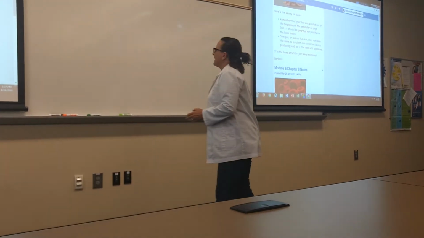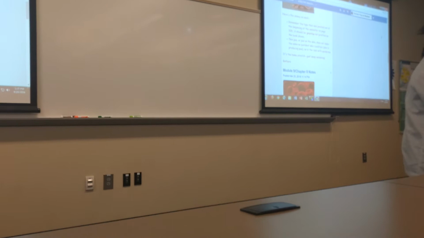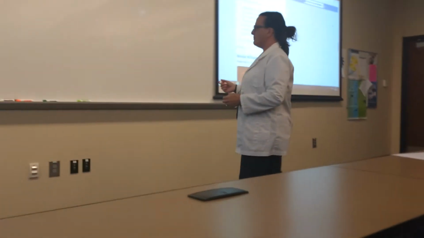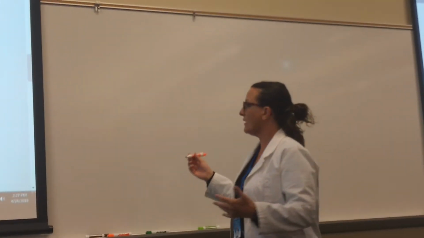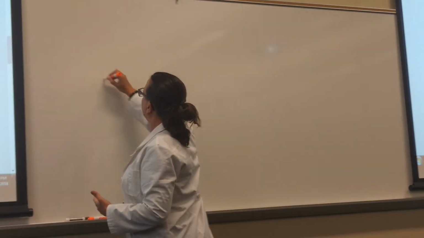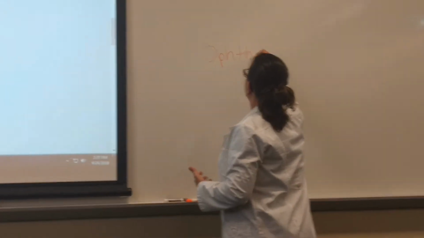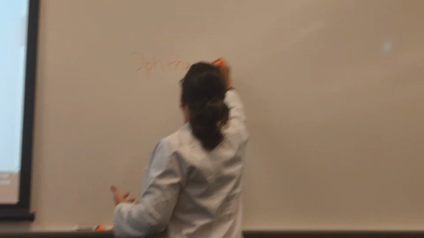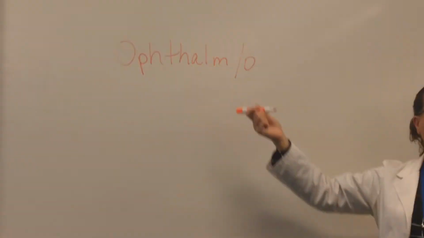Okay. So let's just start then with some common spelling stuff that comes up, or some terms that get mixed up sometimes. So a big one is ophthalmo, OPHTHALM/O. So what part of the word is that?